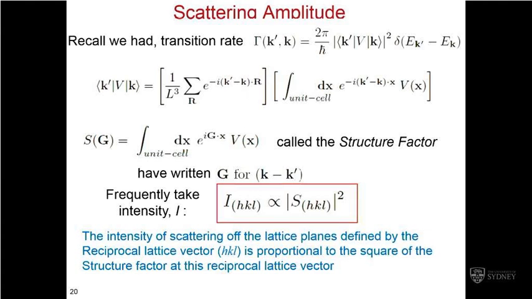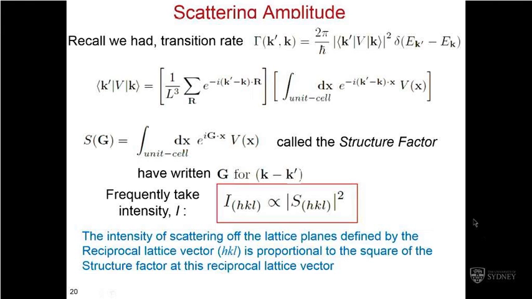So when one is trying to analyze the diffraction data, we know that the intensity of the spot, which you can measure, is proportional to the structure factor squared. So the structure factor is a really important quantity.